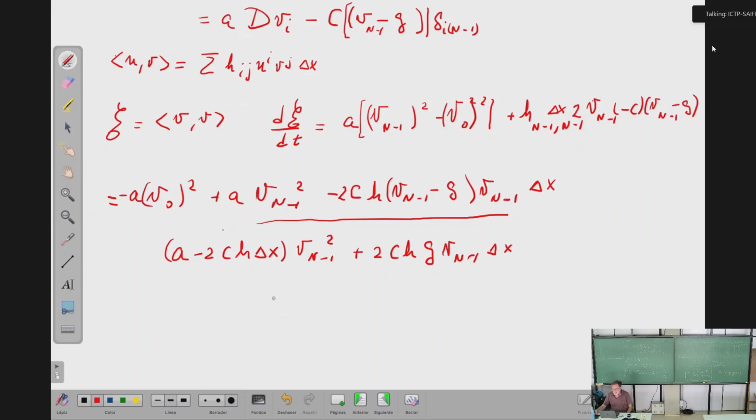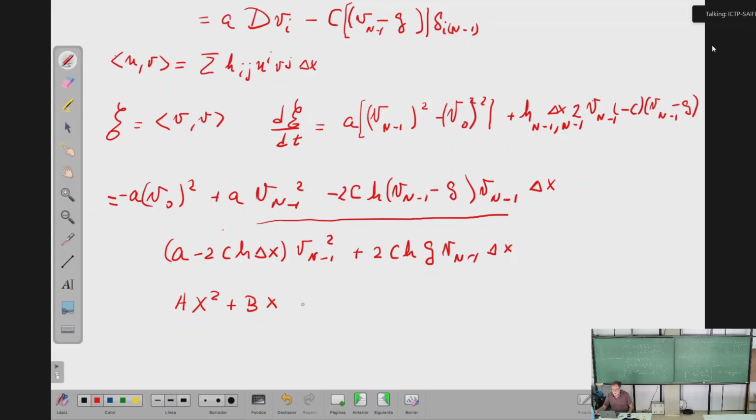So when can I guarantee that this is going to be negative? What do I need? You know, this term, so I have something like this: A times x squared plus b times x, okay?